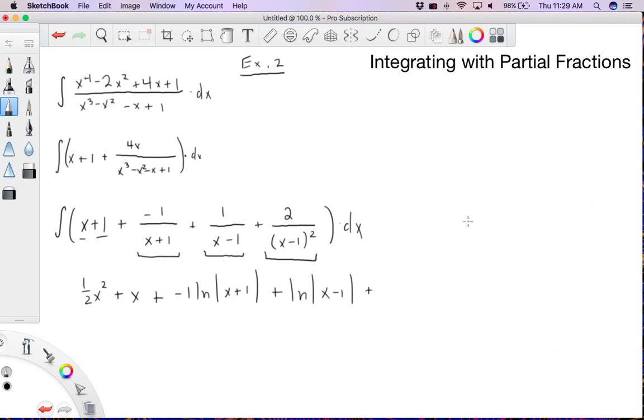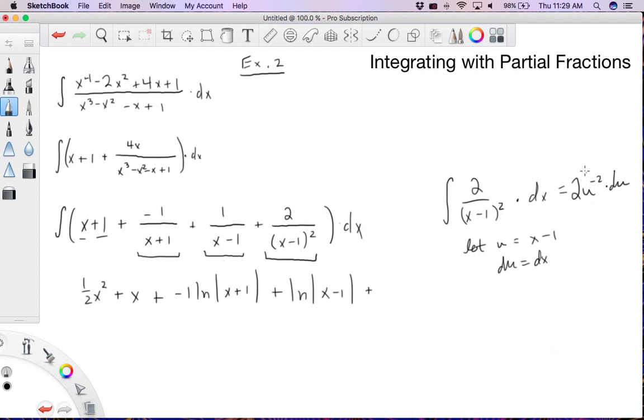requires a u substitution. So 2 over x minus 1 squared times dx. We're going to let u equal x minus 1. In that case, du would be equivalent to dx. So we could rewrite this as 2 over u squared times du. Or, even better, 2 times u to -2 times du.